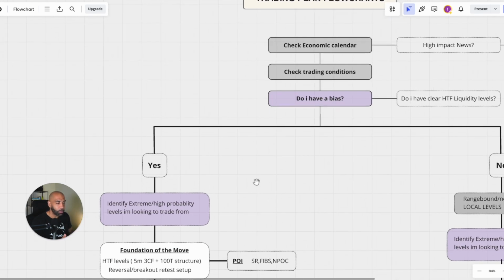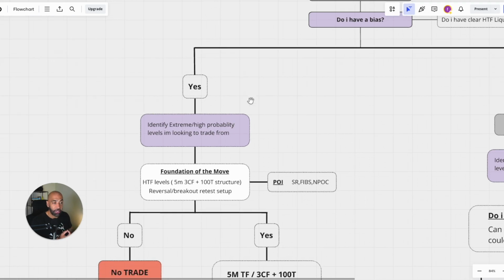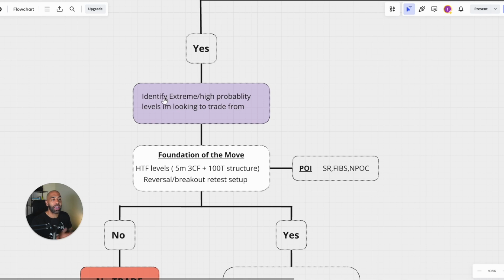Now, if I do have a bias, for me, yes, I'm going to look and see if I can identify my high probability levels. These are the levels that I've marked out. They're my SR levels, maybe where a Fibonacci is lining up with that. They may be a point of control, a value area high or a value area low.